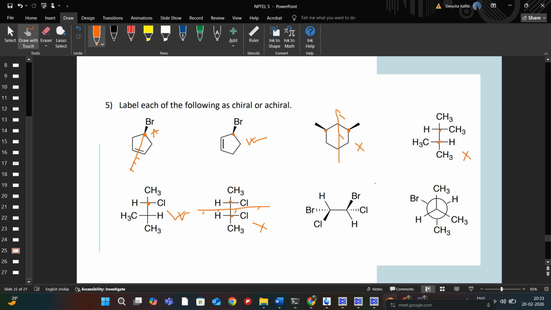Again, for this molecule, if we rotate the molecule by 60 degrees, this molecule will be exactly symmetrical. Hence, although there are two chiral centers present, this molecule will also be a meso compound and hence it is not chiral.